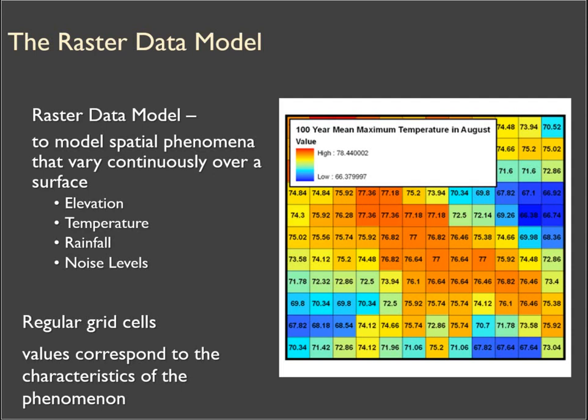It's a regular set of gridded cells, and the values correspond to the characteristics of the phenomenon, the measured values or the estimated or interpolated values of something that's being measured across the landscape. And I just want to ask you one quick question, following up on what we just talked about in the last lecture series. What do you think is the clearest thing wrong with this legend?